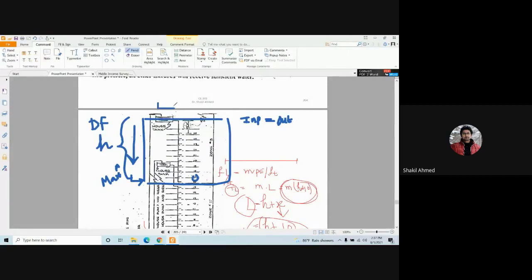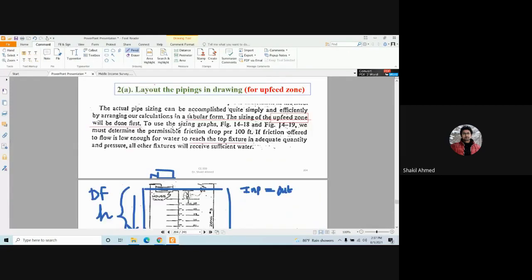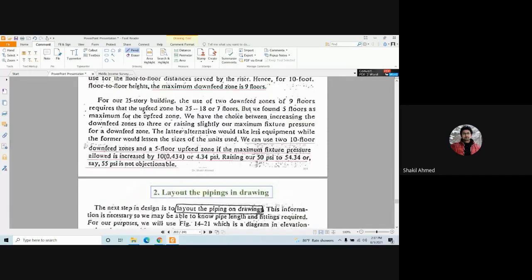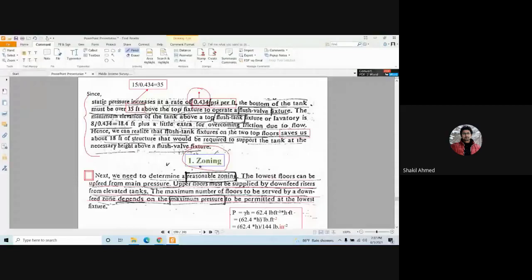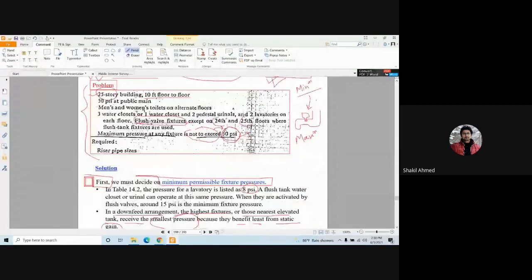We are providing the water from the overhead water tank, right? So here. Now, what is the maximum fixture pressure?